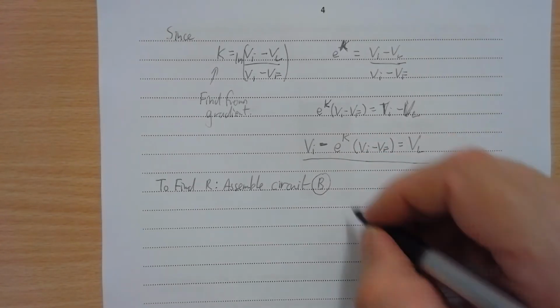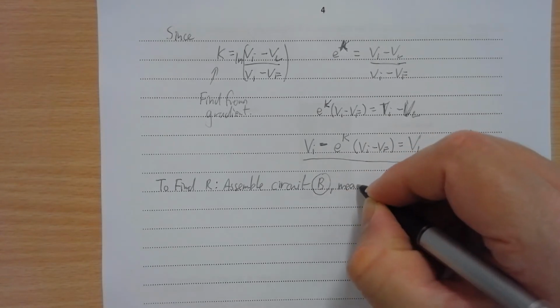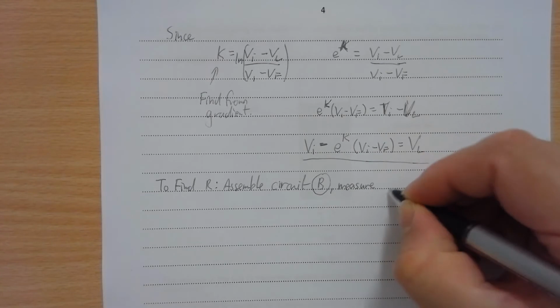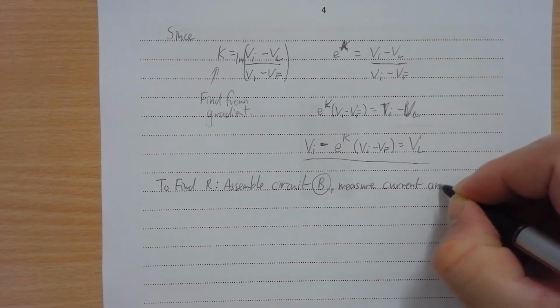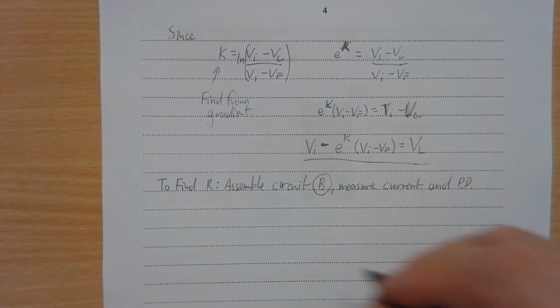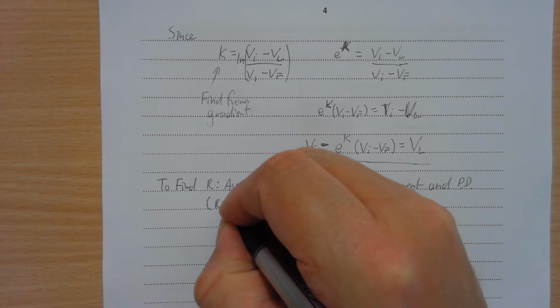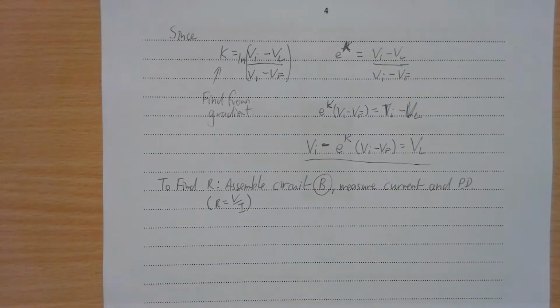Assemble circuit B. Measure the current and PD, potential difference, and we know that R equals V over I. I've already said it in the question, but no harm putting it here as well. So that's how we find R.